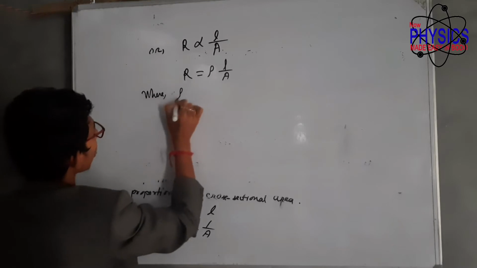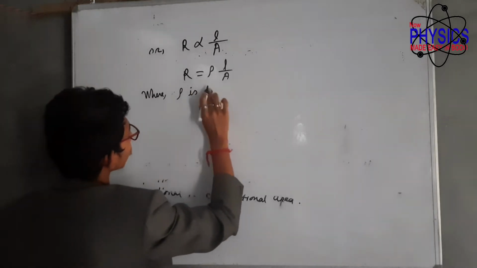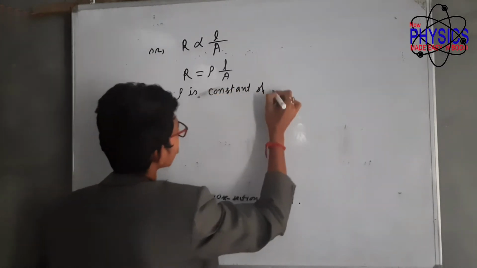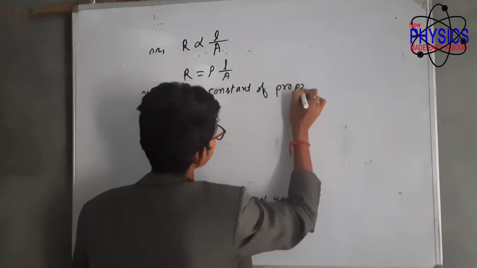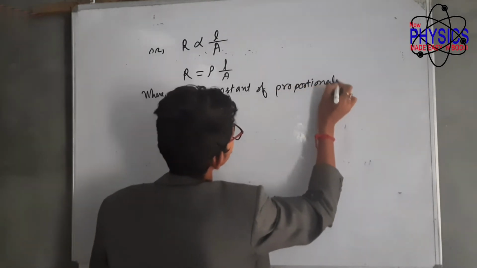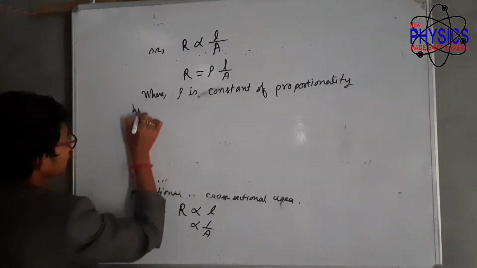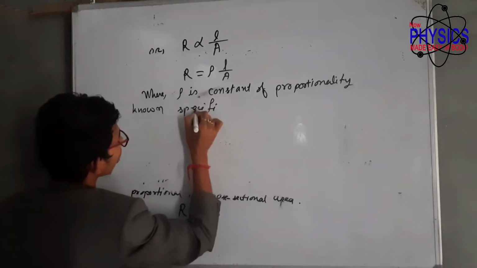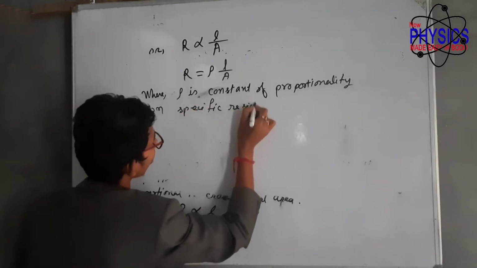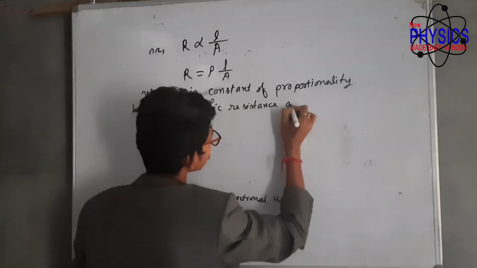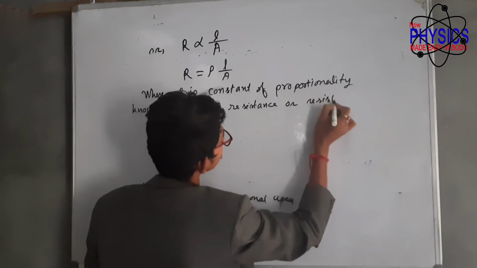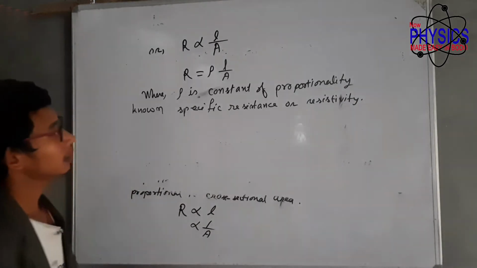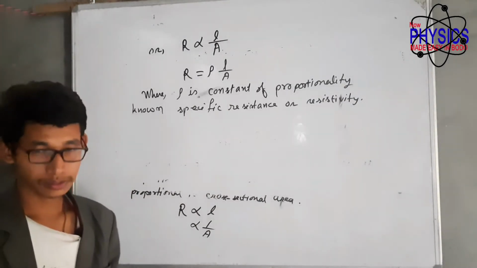Where rho is the constant of proportionality known as specific resistance or resistivity.